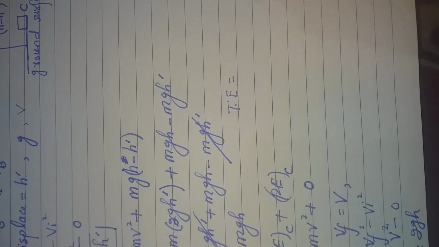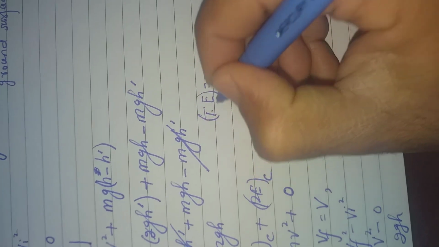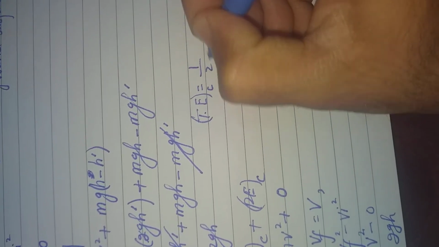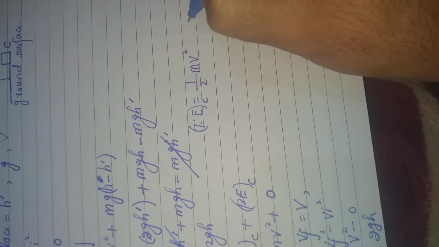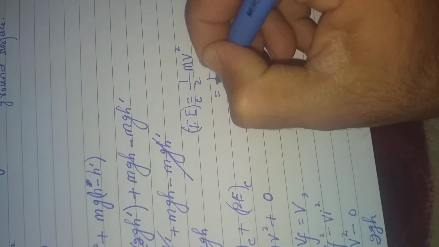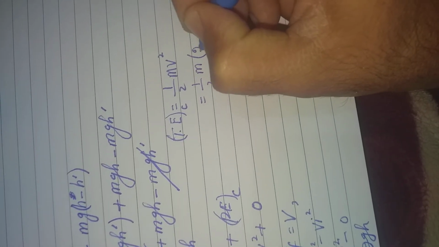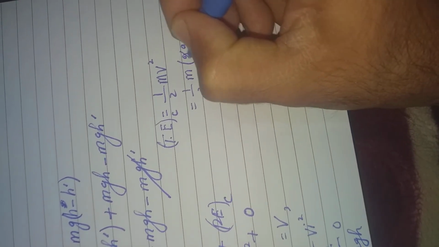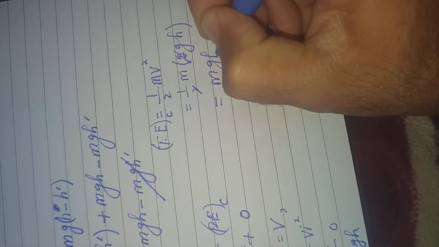Now put in this equation: total energy at point C will be equal to half mv squared, because the potential energy is already 0. Instead of v squared I will write 2gh, so 2 will be cancelled, giving mgh.